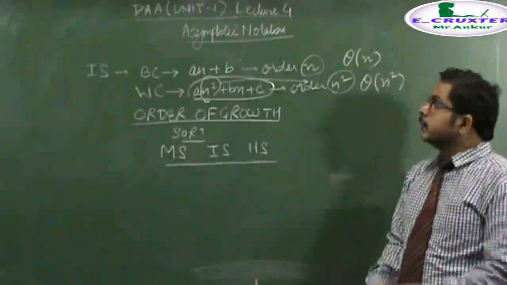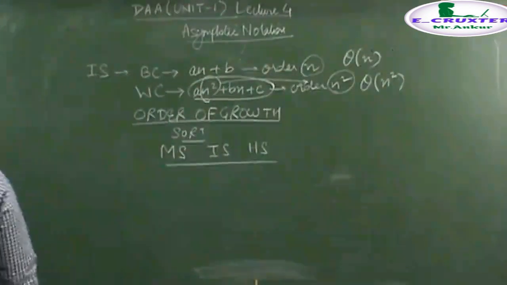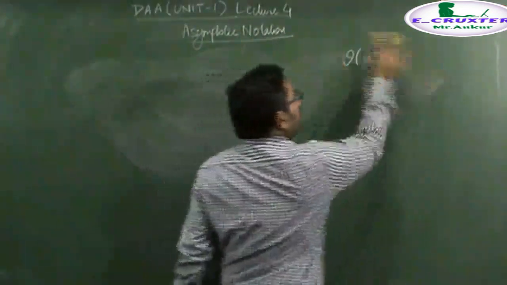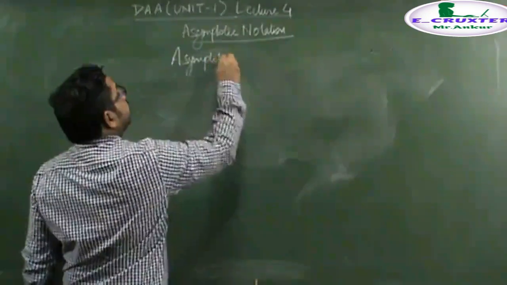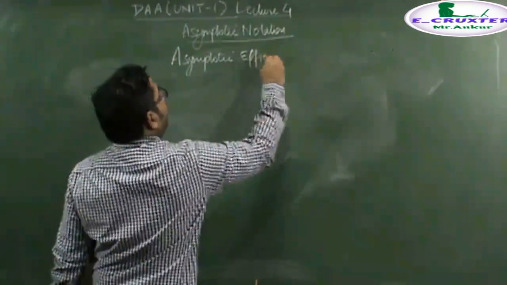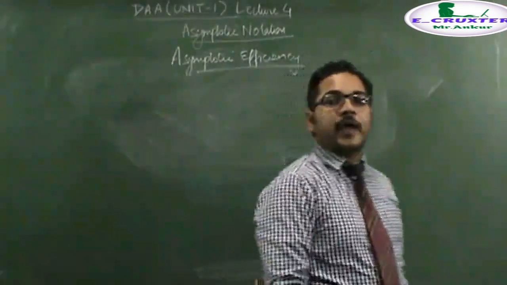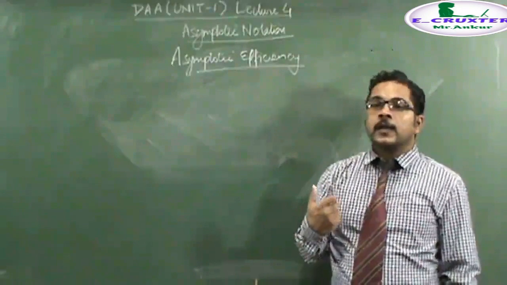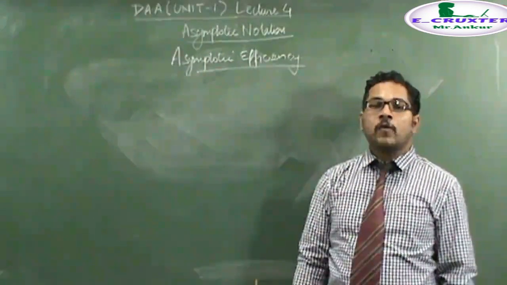Okay. Now what do we mean by the asymptotic efficiency of an algorithm, or by asymptotic notation? When we look at input sizes large enough to make the order of growth of the running time relevant, we are studying the asymptotic efficiency of algorithms.